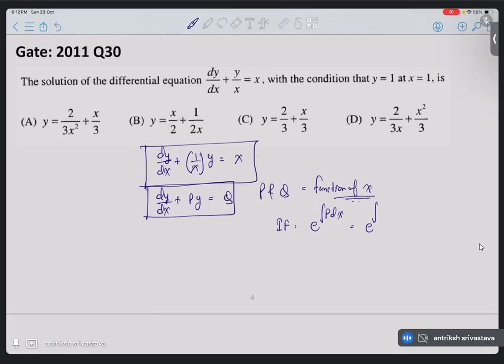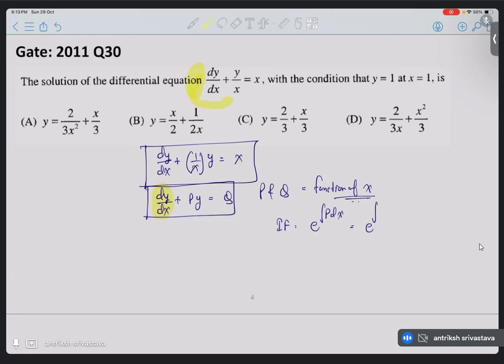First of all, we make the coefficient of dy by dx equal to 1. Whatever is multiplied there, you divide the whole equation by that.